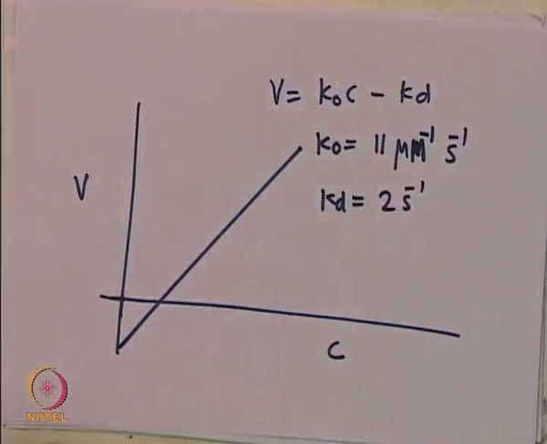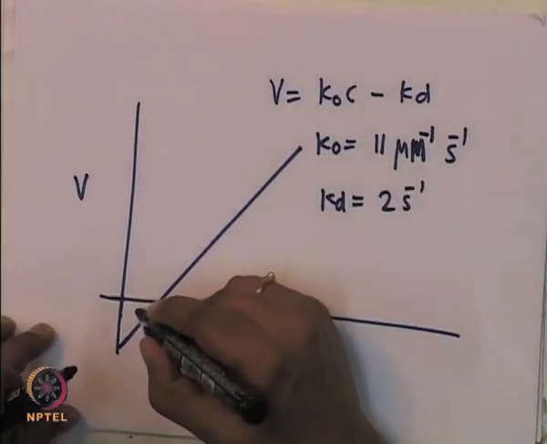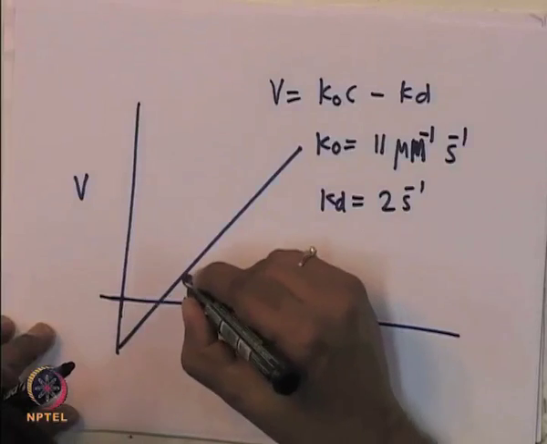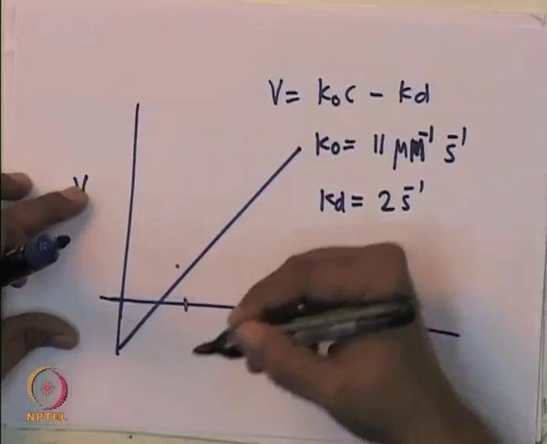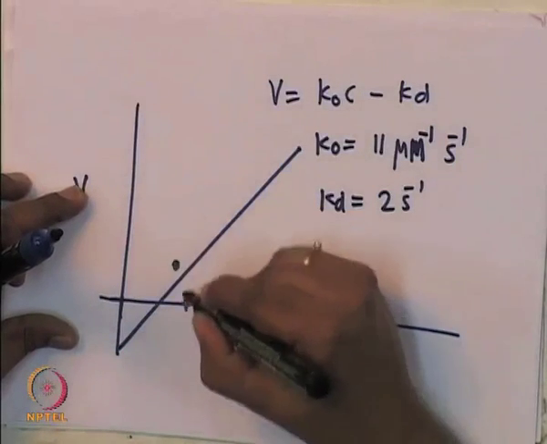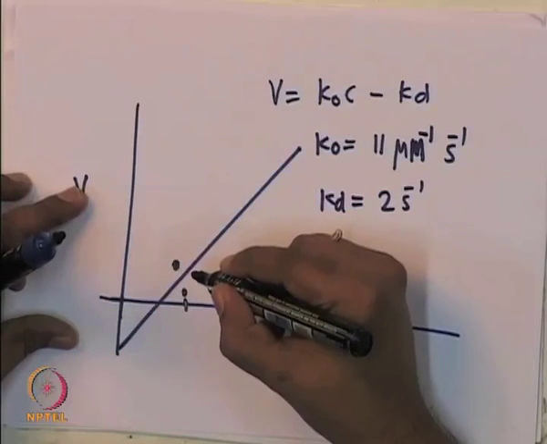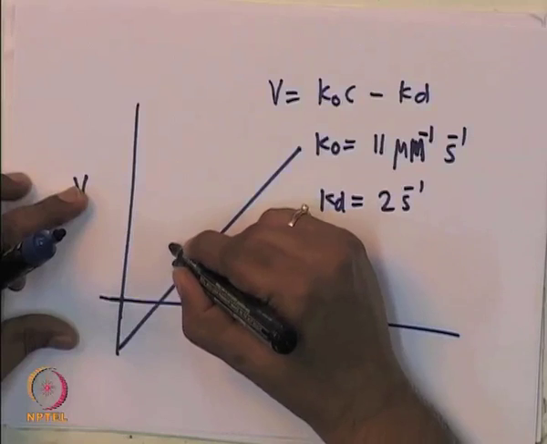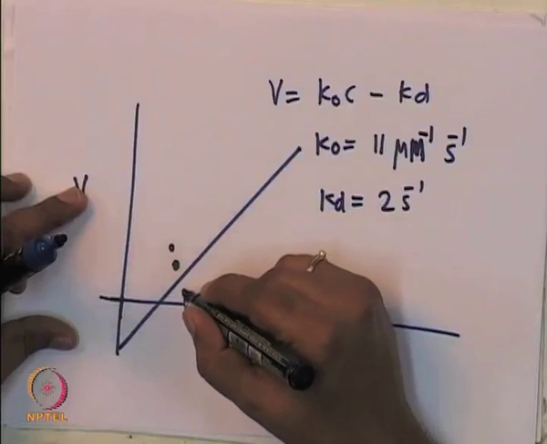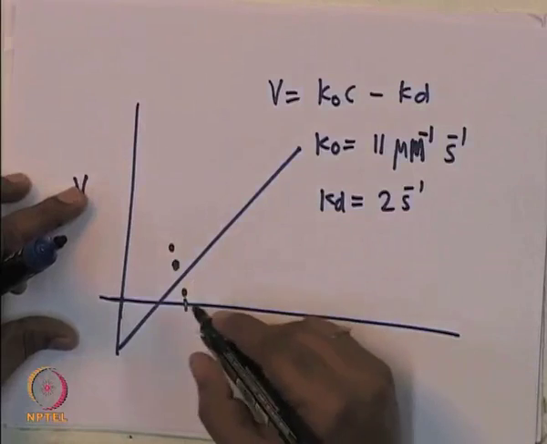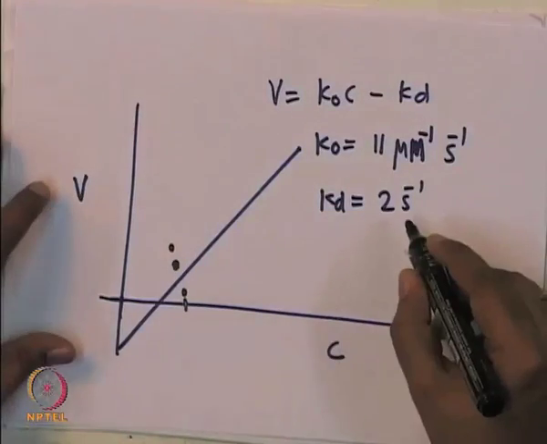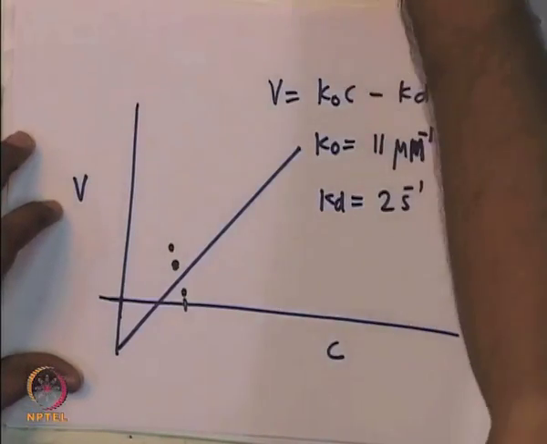Now, if you do an experiment for this particular value of concentration, I might get a point here. If you do an experiment, you might get a point here. If somebody else does an experiment, they will get a point here. Let's take an even simpler case.